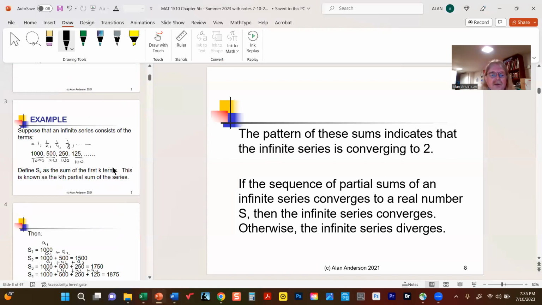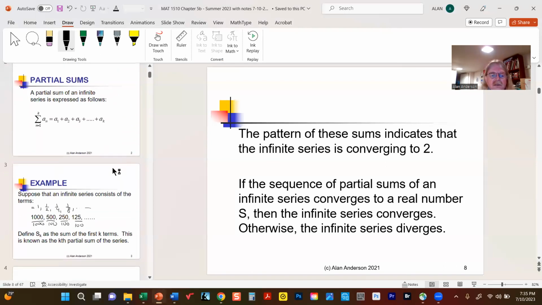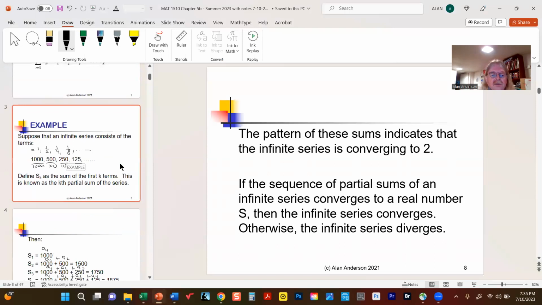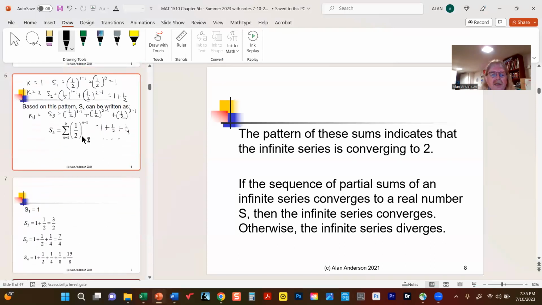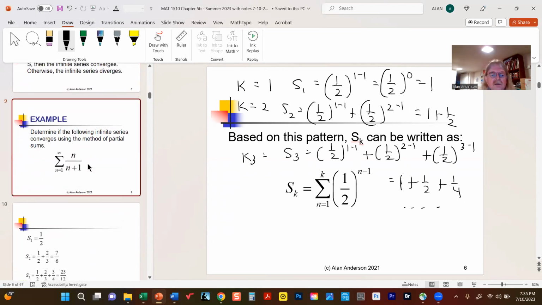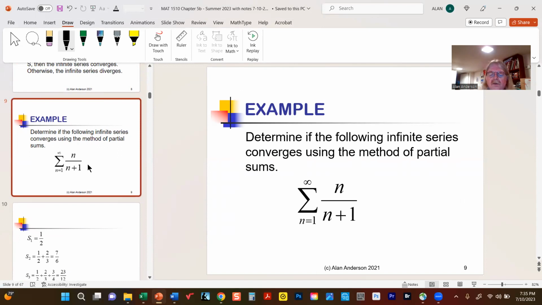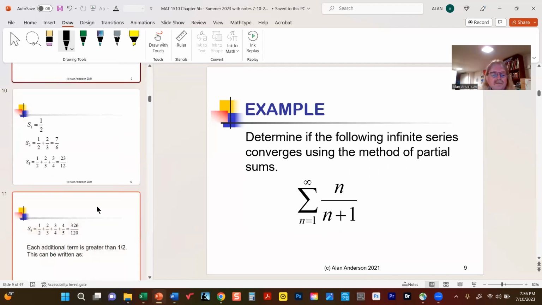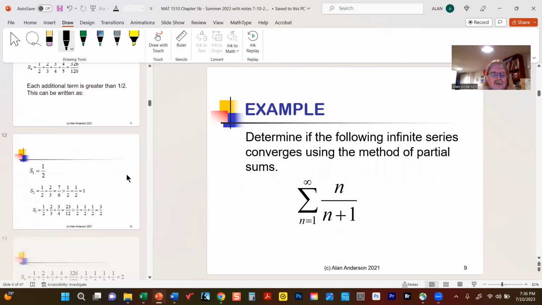Okay, so remember how we got started here. We took the actual series and we were able to express the partial sums as a specific formula. So like here, we've got n over n plus 1. And we want to know if this converges or not. Now, they're throwing us a hint here that we should probably think about using partial sums.